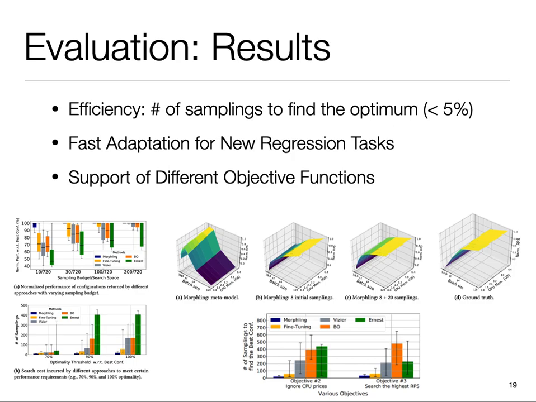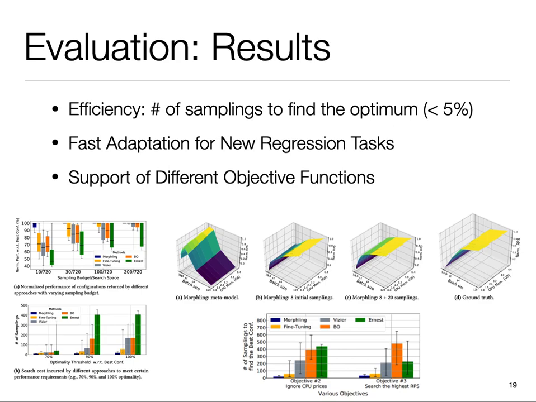Besides, the high performance and low cost of Morphling are not tied to a particular objective function, but generally apply to a broad range of objectives. To show this, we define two other tunable objectives, referred to as objective number 2 and number 3, as shown in the figure at the bottom right.